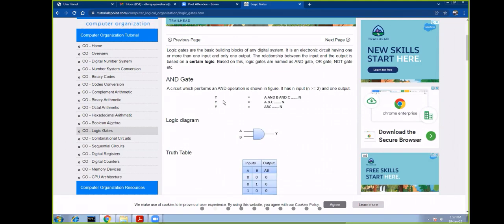Suppose I say analog is continuous and digital is discrete, whatever we get in the square spikes of 0 and 1: 0, 1, 1, 0, 0, 1, 1, 0.